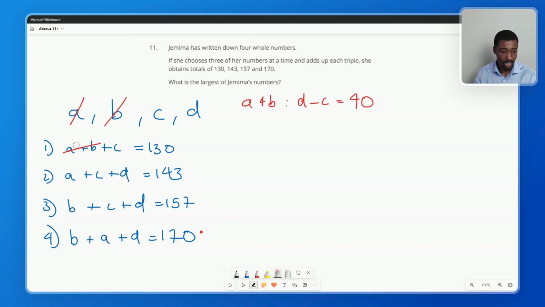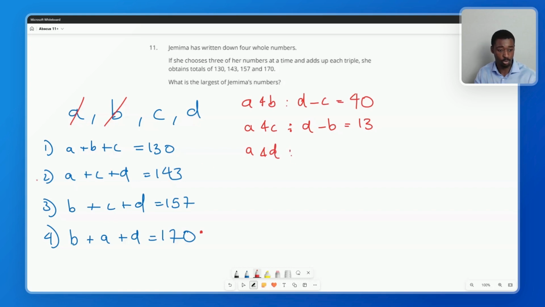And now let's match A and C. Well, we just did that, right? First two, we can do that. If we match A and C, we know that D minus B equals 13. Now let's try and match something else. Let's match A and D. If we match that, well, how can we match that?